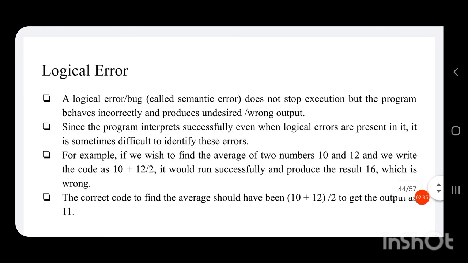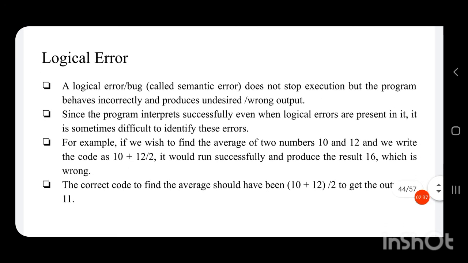The next type of error is logical error. It is the error of the programmer because of the lack of programming logic. A logical error does not stop execution, but the program behaves incorrectly and produces undesired or wrong output.